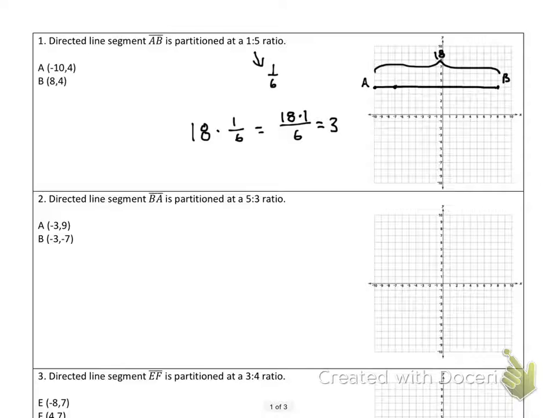And that leaves me my partition point right here. So your final answer for these types of problems is going to be the coordinate for the partition point. And so what's our final answer here, the coordinate? There it is, -7, 4.